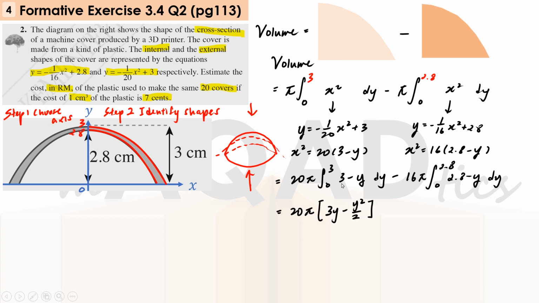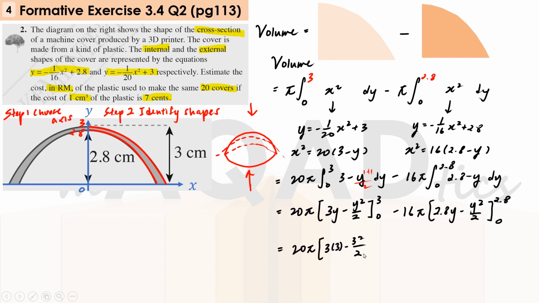So now we can integrate. For 3, I just add a y, and for this y, the power plus 1 divided by the new power, which is 2. Then put the 3 and 0 here, and same goes for this one. For 2.8, I put a y, same as this one. Then I just substitute the values, 3 and 0, inside, and minus these two values together.